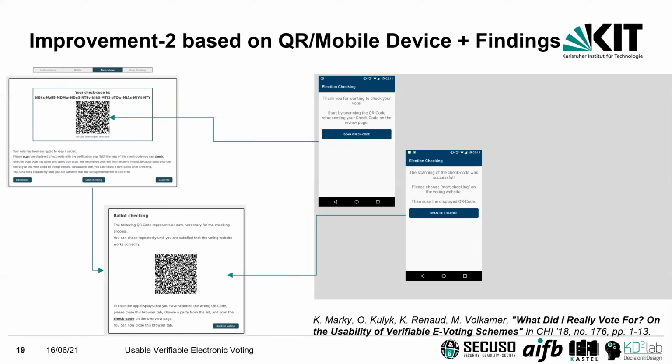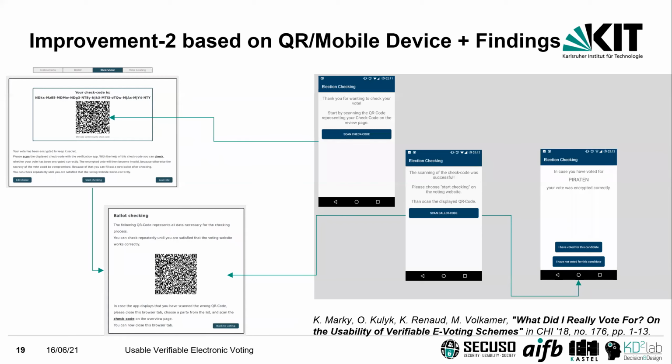You scan this QR code as well, and only if the hash values match, you would get the party you selected displayed on the last screen. So if you really selected the pirates, then you're fine, and you can see that this time at least the software encrypted the proper vote, and you can decide next time again whether you want to verify again or whether you trust and cast your vote.